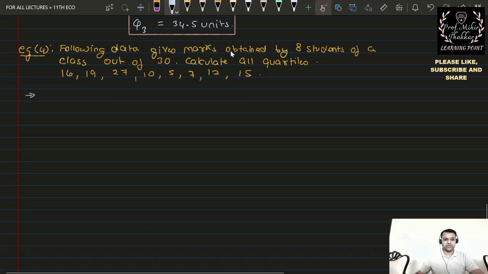So the next example that you have over here is you are given the marks of 8 students out of 30 and you have to calculate all the quartiles for this particular case. Once again guys, the first thing that you will do is to find the ascending order.